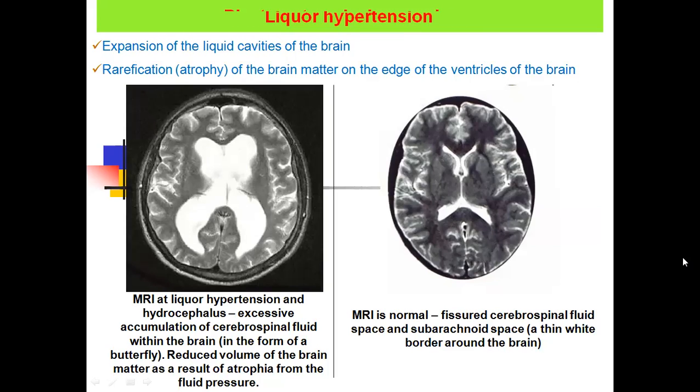Liquid hypertension of cerebrospinal fluid. If this pathology develops, we will observe expansion of the liquid cavities of the brain and atrophy or rarefaction of the brain matter on the edge of the ventricles of the brain.